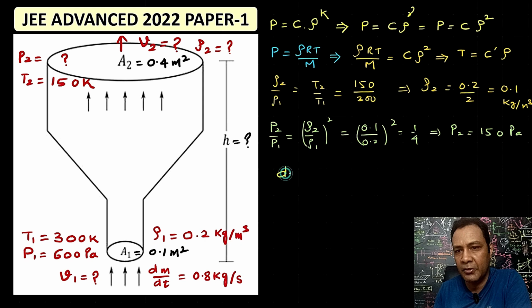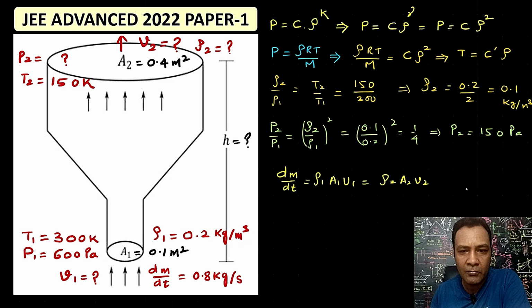Continuity equation says dm by dt, that is the mass flux, is a constant. So mass flux at the lower end is rho 1 a1 v1, and at the upper end that will be rho 2 a2 v2, and that mass flux is given to be 0.8 kg per second.